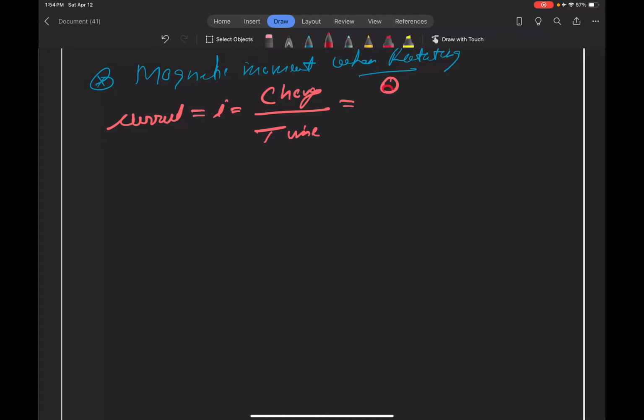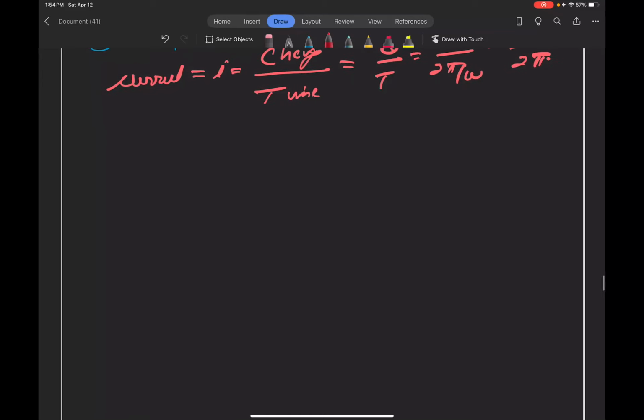Charge is given as Q and time, let us suppose, is T, and we can write it in the form of the angular velocity. So this will be Q upon 2 pi by omega. This gives us omega Q divided by 2 pi. Area we already know because radius is given, so we have here pi r square.